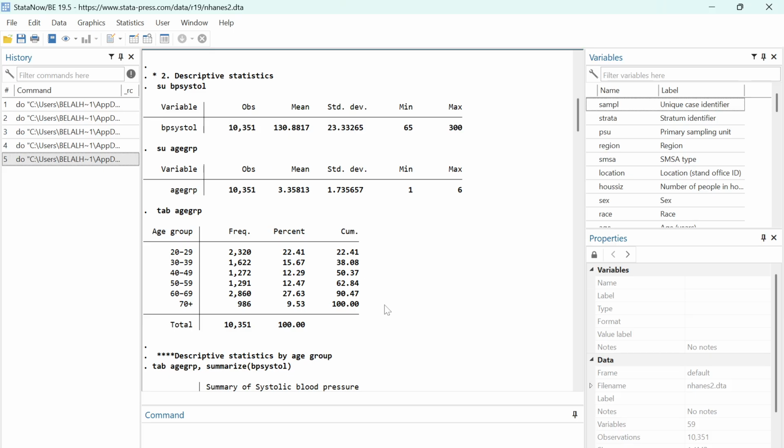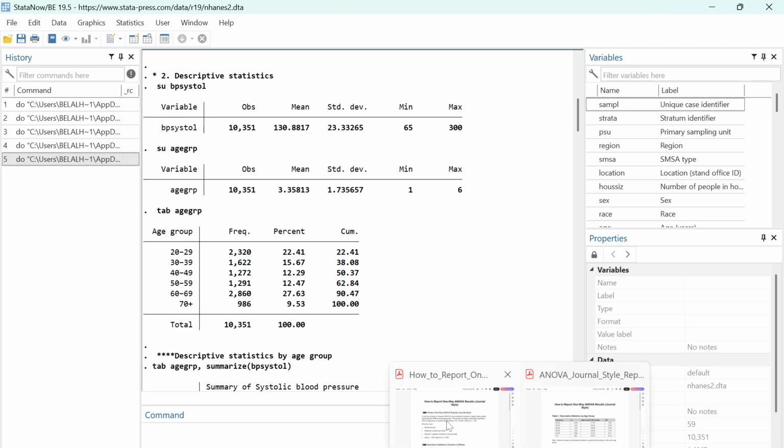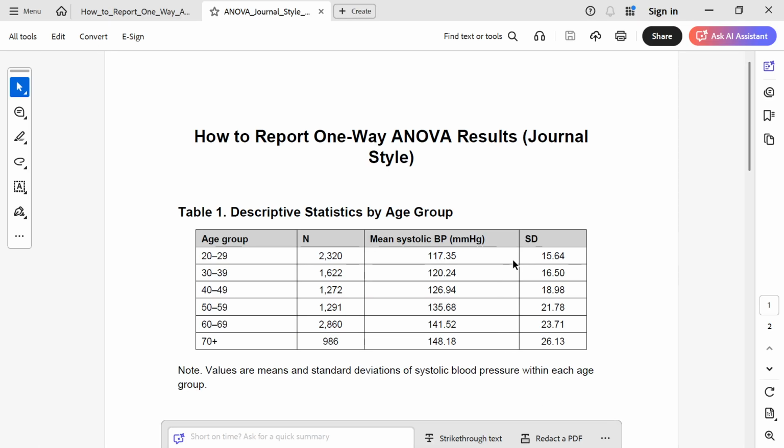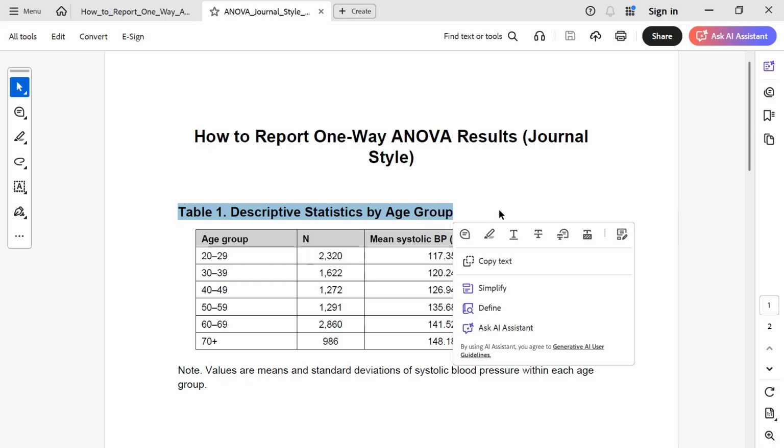So, for example, how do we report our descriptive statistics in a journal style report? First we need a table, right? I have created a PDF file with tables and interpretations, the professional way of presenting this. For example, table one is the descriptive statistics by age group.